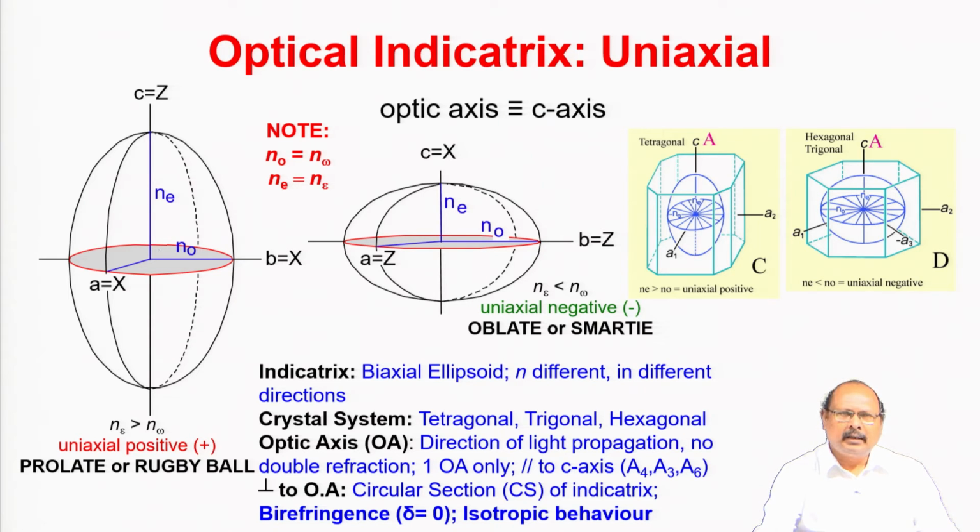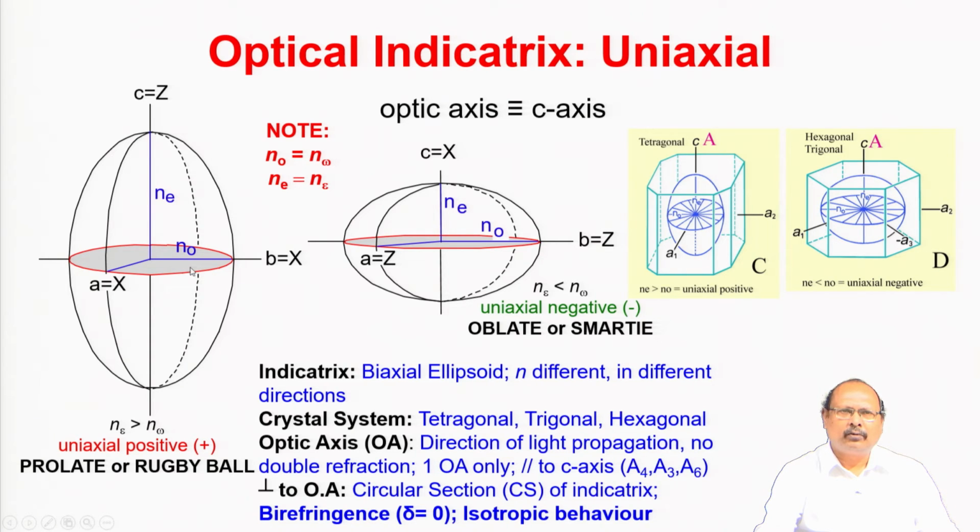Now, the other important issue is that if you have an optic orientation containing the C crystallographic axis, or the optic axis, then you have an ellipse, and you will have a semi major axis and a semi minor axis. In this case, the semi major axis is the refractive index corresponding to the extraordinary ray, and the semi minor axis is the refractive index corresponding to the ordinary ray.